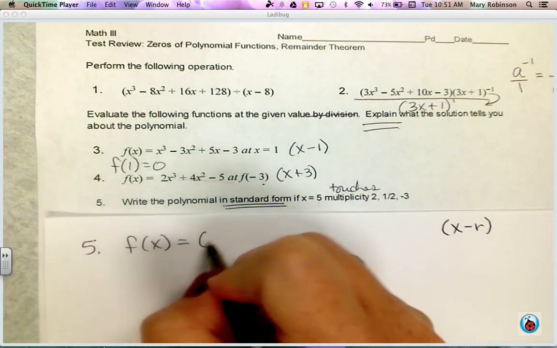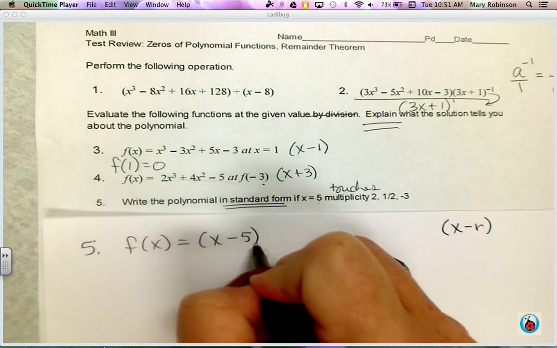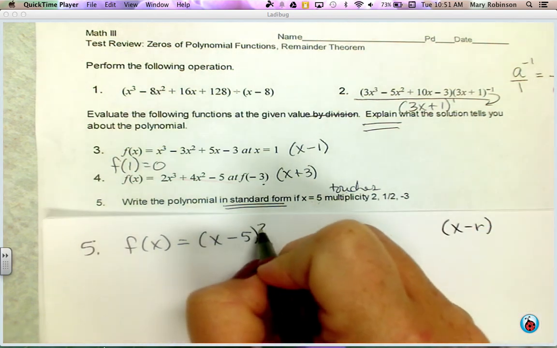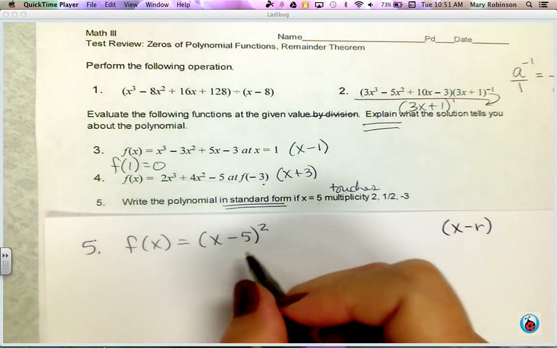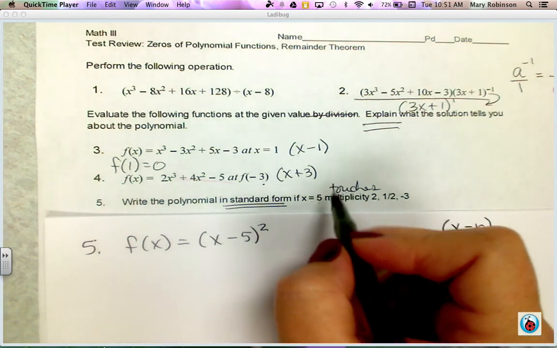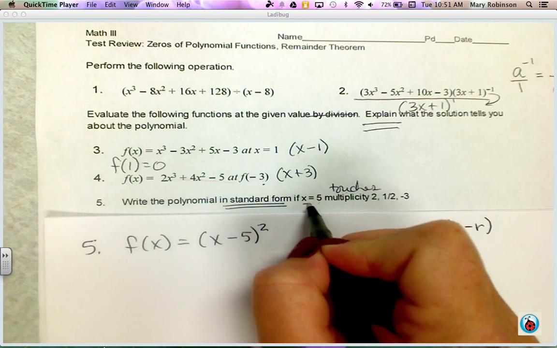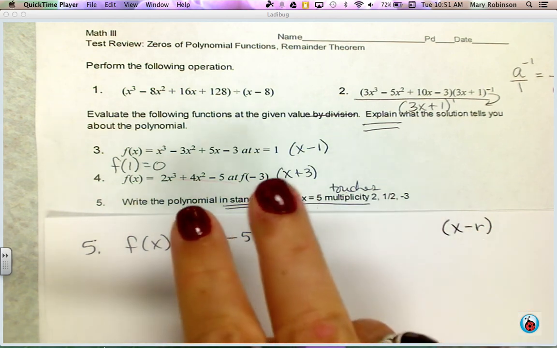So that means we would have x minus 5. But because the multiplicity is 2, we need to make sure our factor is squared. That's going to account for 2 of our zeros out of the 4 in this case, because we're going to have x minus 5 with multiplicity 2. That counts as 2 zeros.